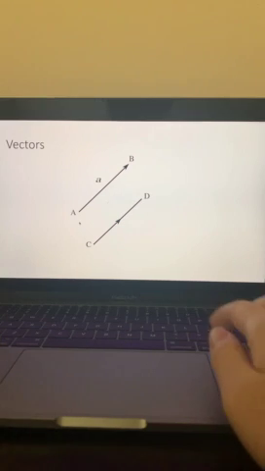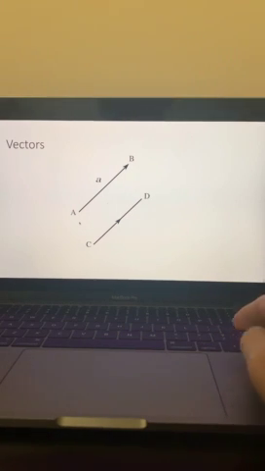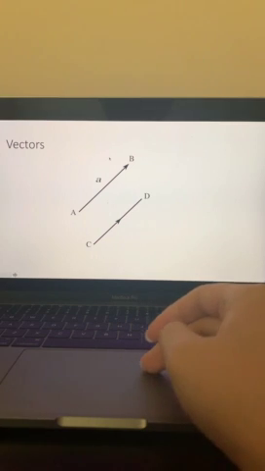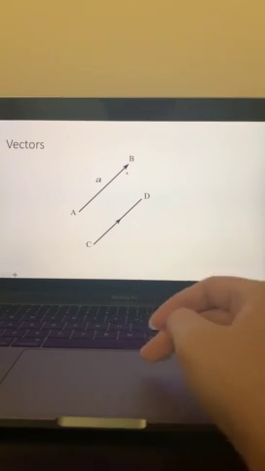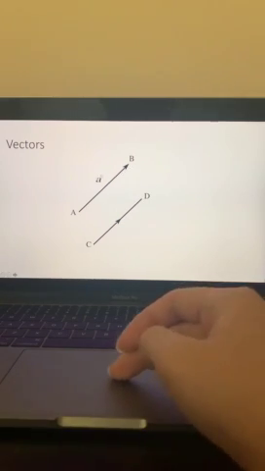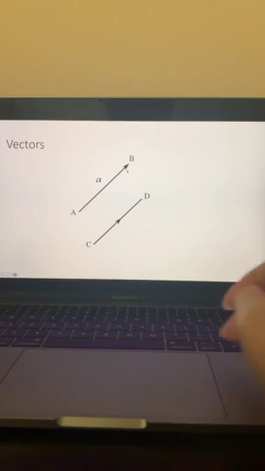Okay, so first of all, to understand one dimension motion, we need to understand what a vector is. A vector is basically a line which has an arrow and also a value. The value is the magnitude, and the arrow is the direction.